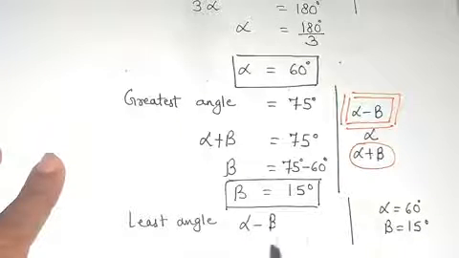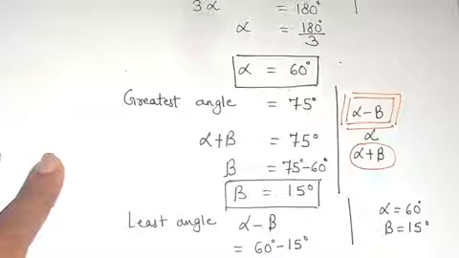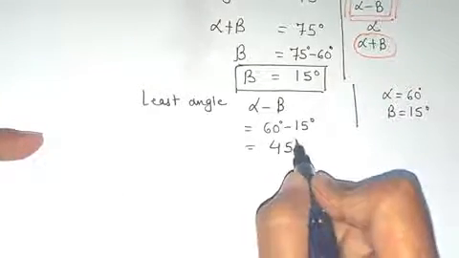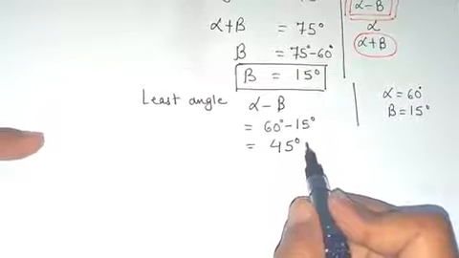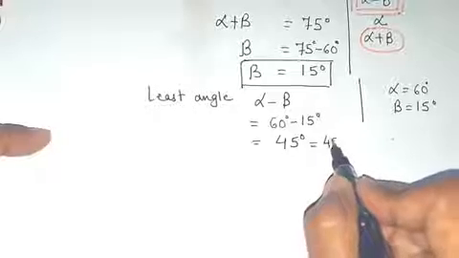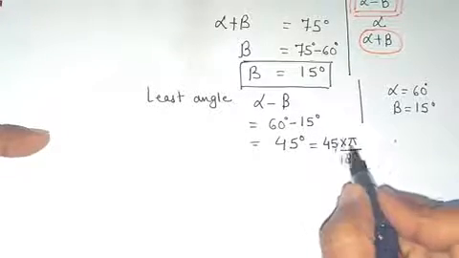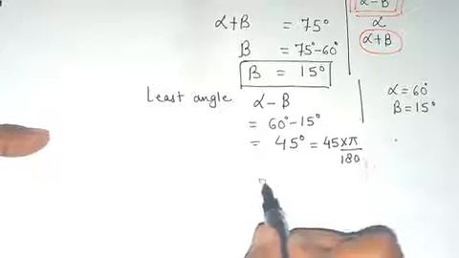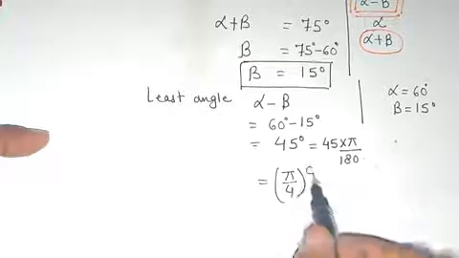So alpha minus beta will be 60 minus 15. So it is 45 degree, and to convert it into radian according to the instruction given in question, we have to multiply it by pi by 180. So degree is cancelled, 45 cancels 180, and we get final answer as pi by 4.